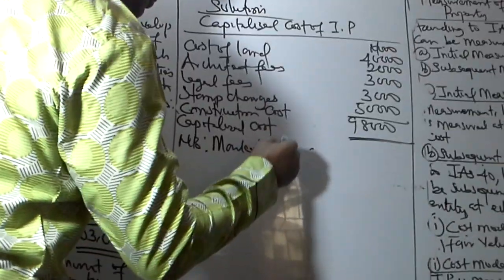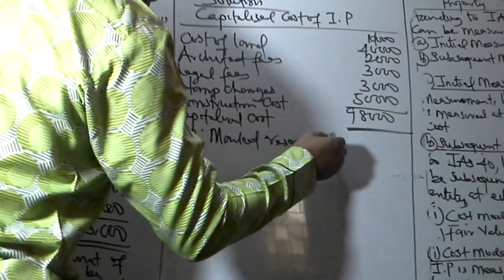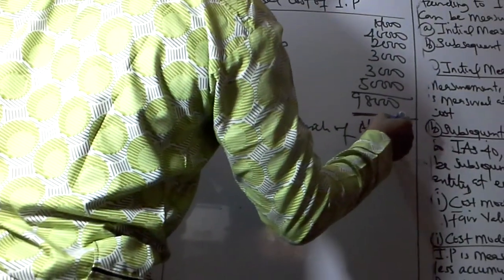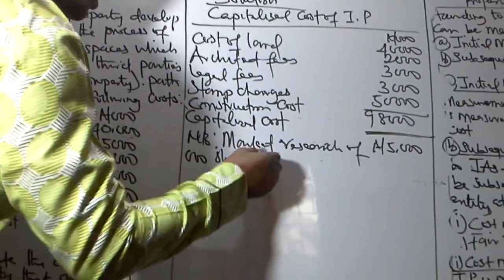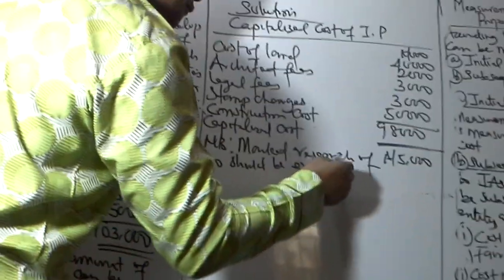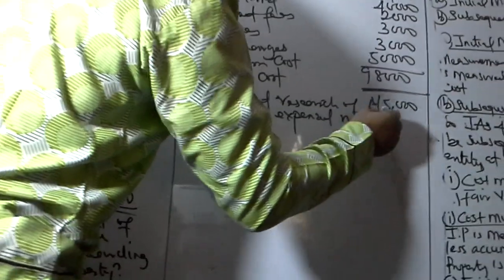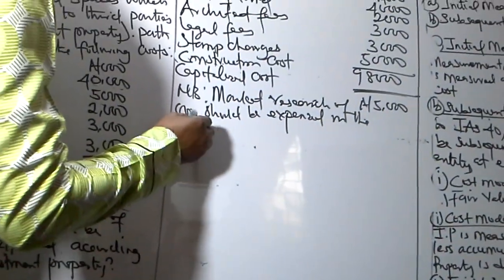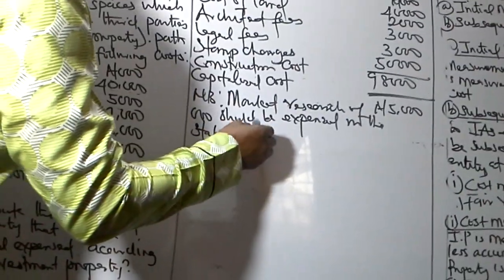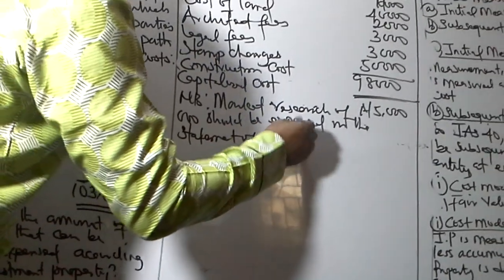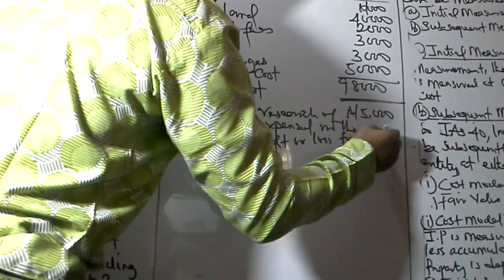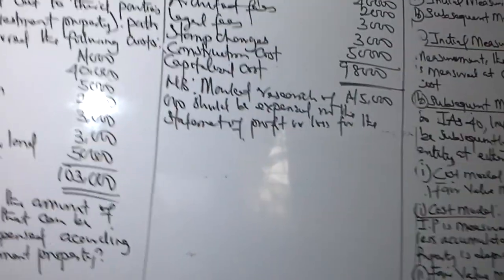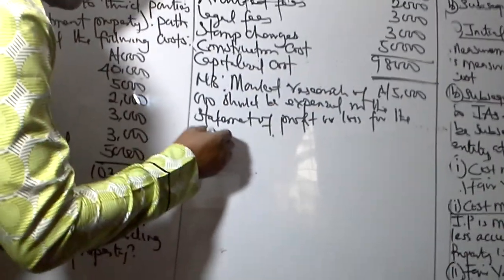Market research of 5 million should be expensed in the statement of profit or loss for the year.